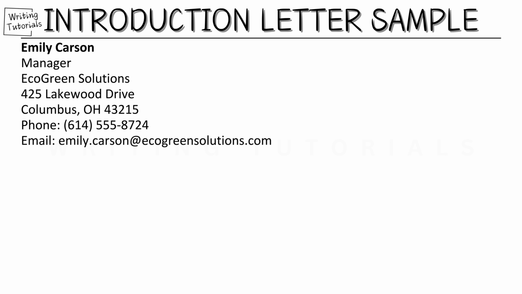Email, emily.carson@ecogreensolutions.com. This information is crucial because it immediately tells the recipient who is writing the letter and provides multiple ways to get in touch. Make sure your header is complete and accurate. If you're writing on company letterhead, some of this information might already be included.